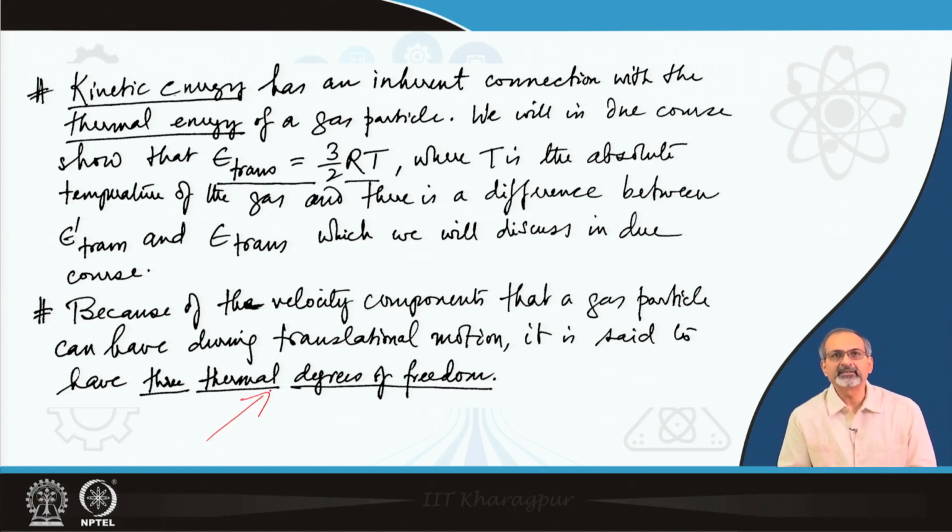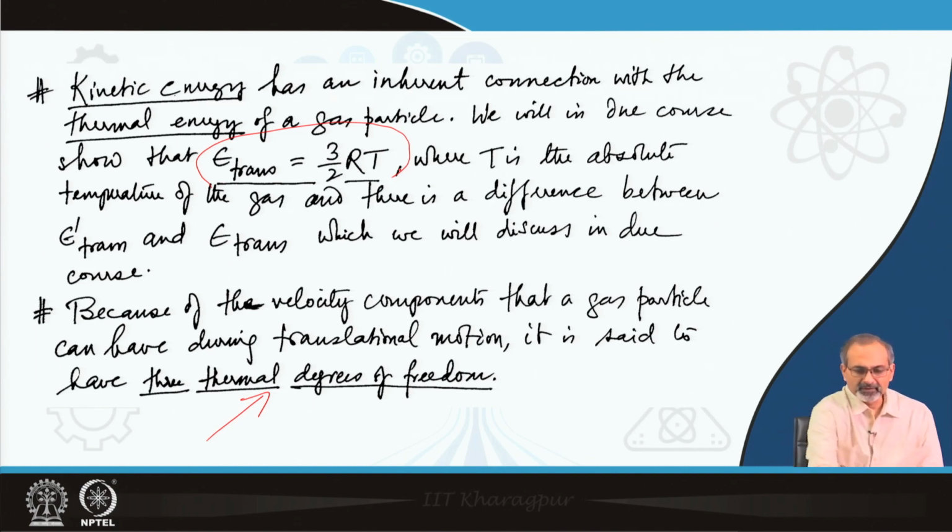Since kinetic energy has an inherent connection with the thermal energy of a gas particle, and we will be showing in due course that this epsilon expression for translational energy is connected with the 3/2 R T, where T is the absolute temperature of the gas, R is the specific gas constant.